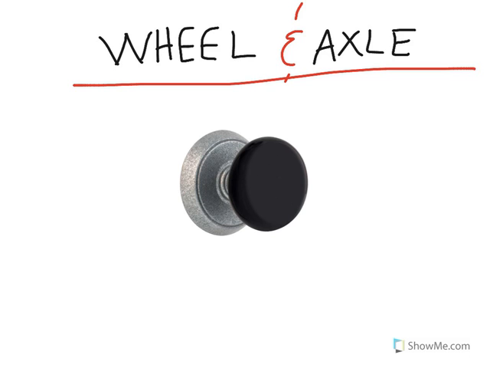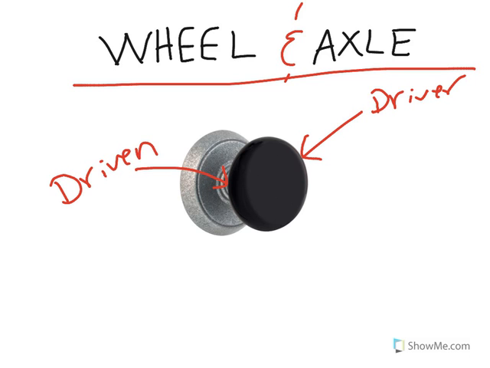Here's another example of the wheel driving the axle. You grab a hold of this knob and you turn it. Because you're turning it, that forces the axle to turn. So in this case we have driver and we have what's driven. Wheel is driving the axle.